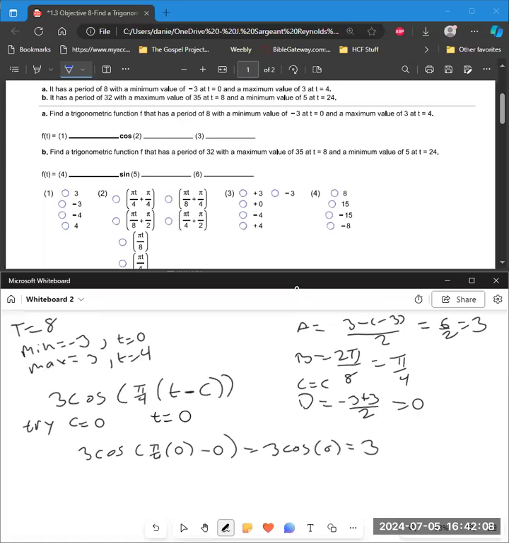We need to get a -3, so we're going to put a negative out front of everything, and that will be our function here: -3 cosine of pi t over 4 plus 0.